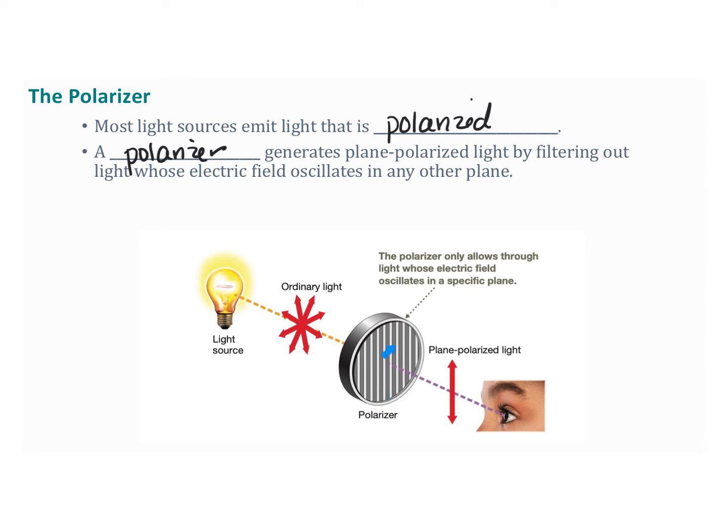Then we use a filter, called a polarizer, which only lets through the light that's oriented in one way. When we talk about plane polarized light, that's what we're talking about. We have filtered out all of the other light that's going in all sorts of different directions.